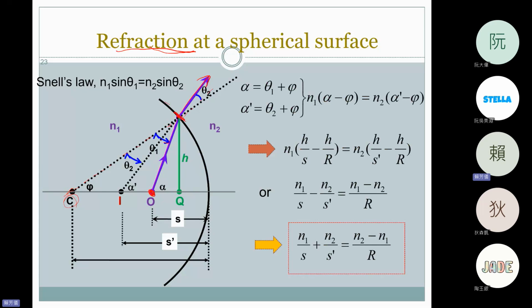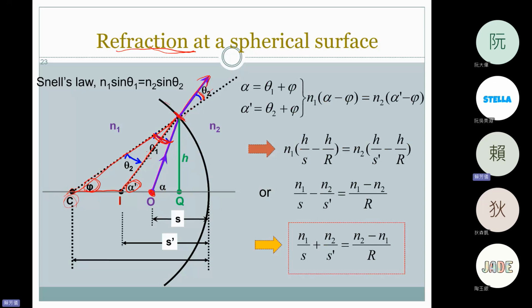This angle will be the incident angle, and this angle will be the transmission angle. Using simple geometric methods, we can know that alpha prime will be the exterior angle of this triangle.